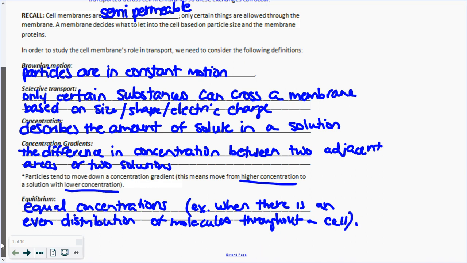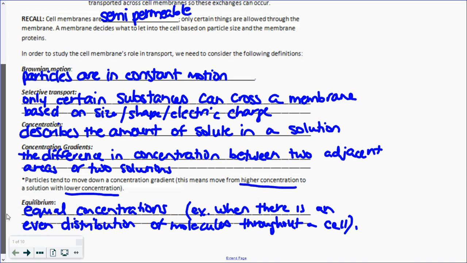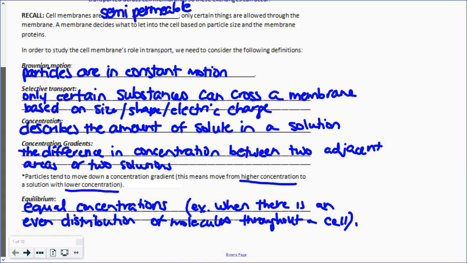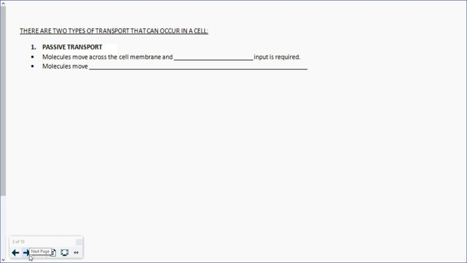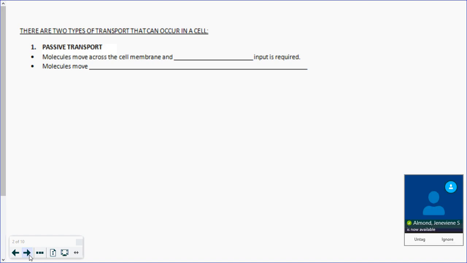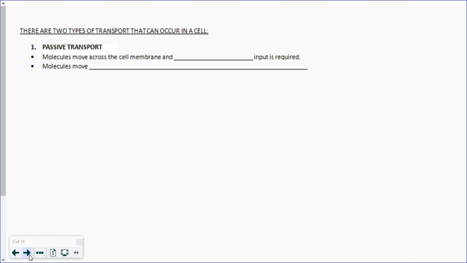Okay, so those are some of those definitions that we need that will tie into all of our membrane transport. So there are two types of transport that can occur in a cell. So two main types, and then we'll break them down a little bit further. So passive transport. So passive meaning it doesn't require a lot of energy. It doesn't require any energy. This is just the natural flow. So passive transport, molecules move across the cell membrane and no energy input is required.